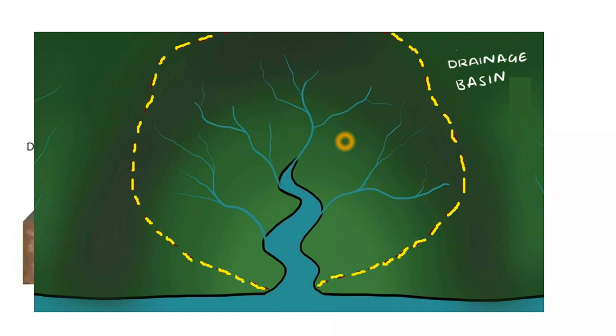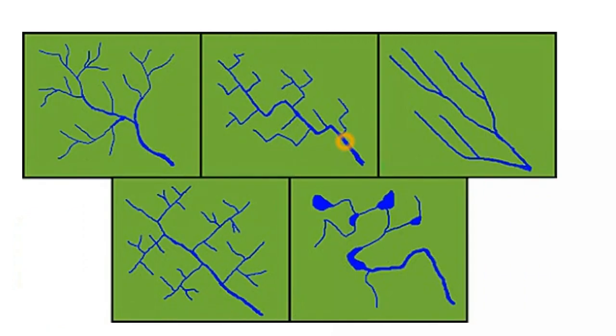And we have so many drainage patterns, and different drainage patterns give some idea about the area. For example, if you take the first one, in this drainage pattern it looks like a tree with branches. These kinds of drainage patterns are seen where the rock is comparatively softer and erosion is active. And if you take the second one, this pattern is usually seen where we have the presence of alternating hard and soft rock.